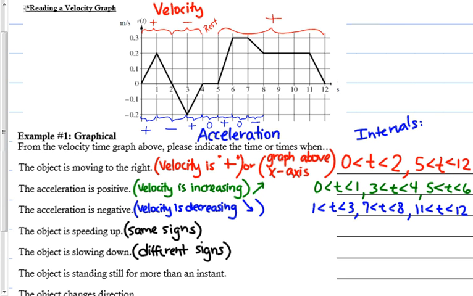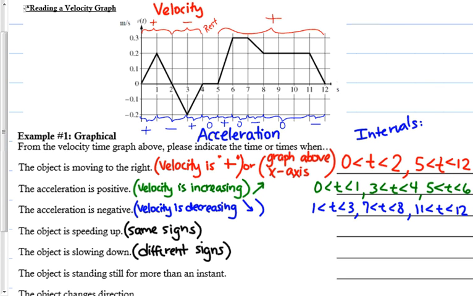And then from 8 to 11, velocity is positive, right? So acceleration is, or what am I saying? It's constant. I'm sorry. Velocity is constant. So acceleration is 0. And then from 11 to 12, the last little bit, the velocity is decreasing, therefore acceleration is negative.